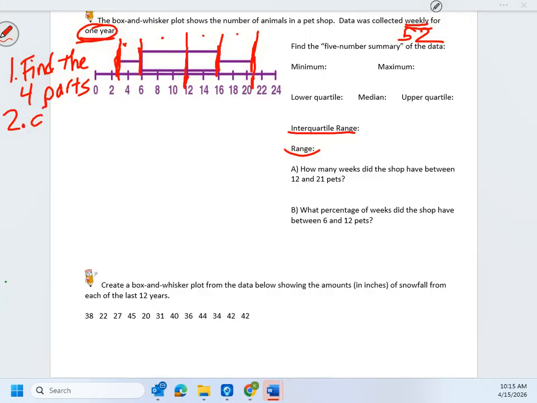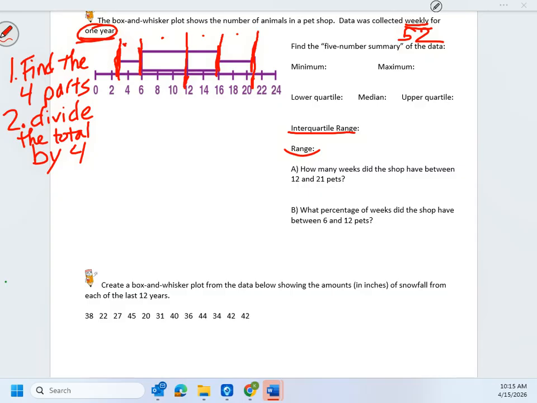Second step, divide the total, oops, that should be B, by what number? Somebody say it out loud. 4. We have 4 parts. We need to divide that total by 4 so we can see how many go in each section.